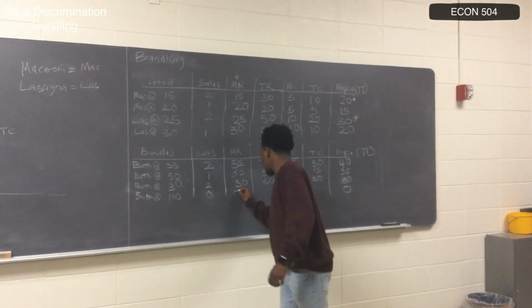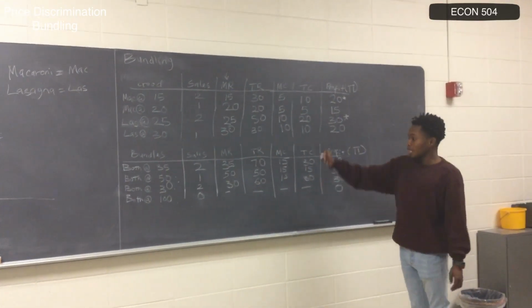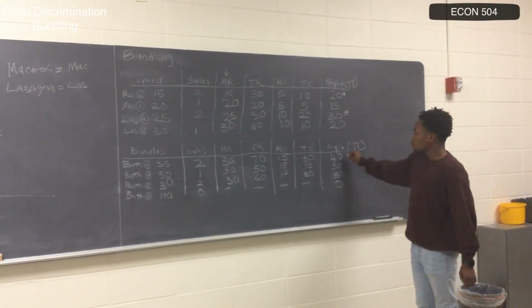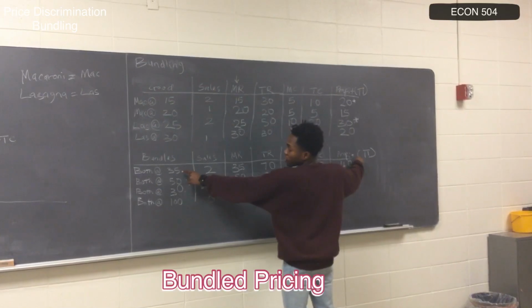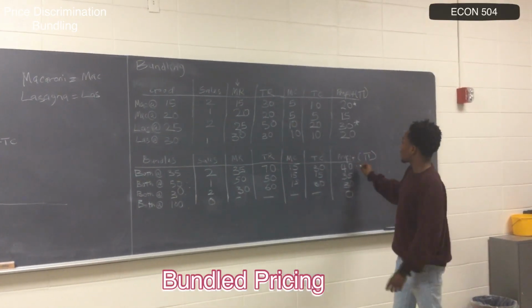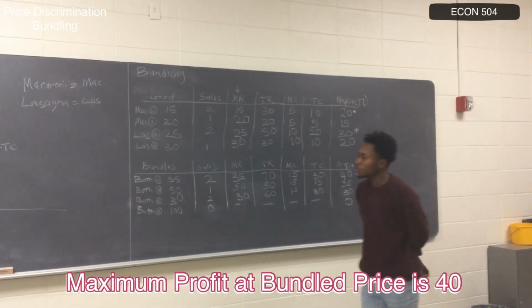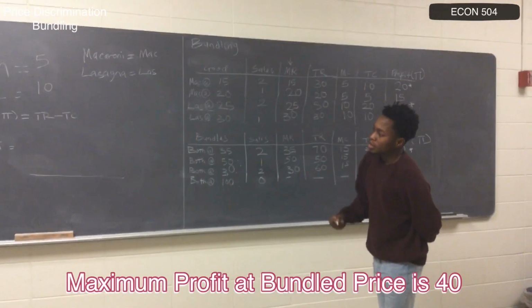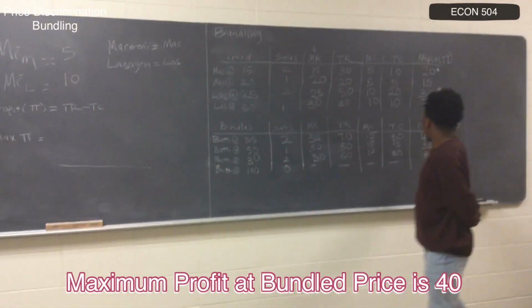That means everything here equals 0. So at this bundle price, the highest profit that I'll make is if I sell at a bundle price of 35 to both individuals, and I make a profit of $40. So the maximum profit that I would make would be if I make a bundle of 40.